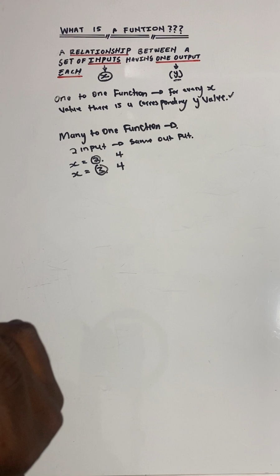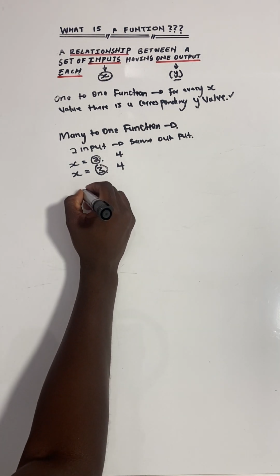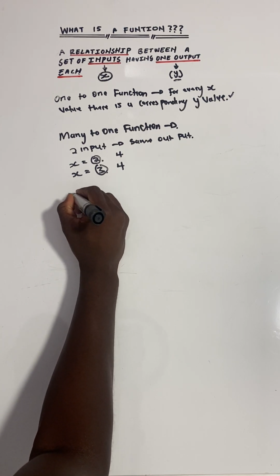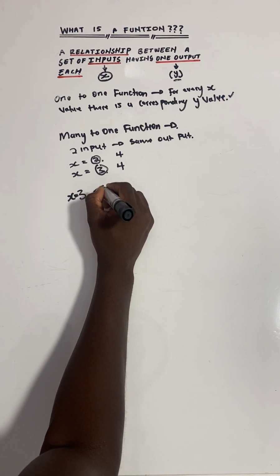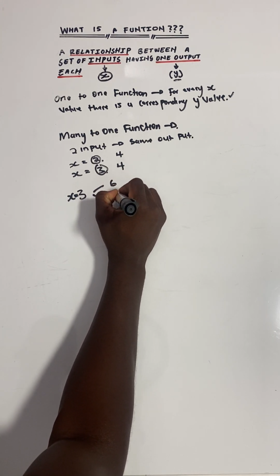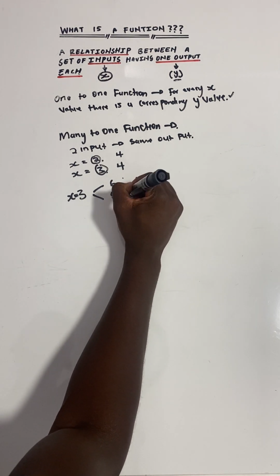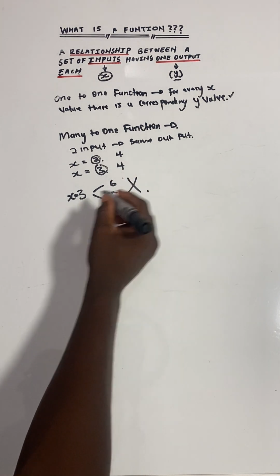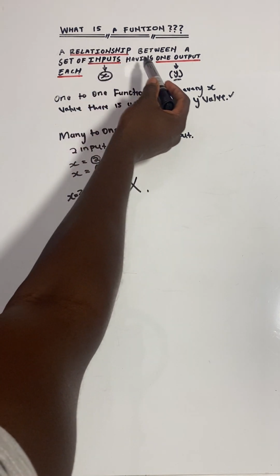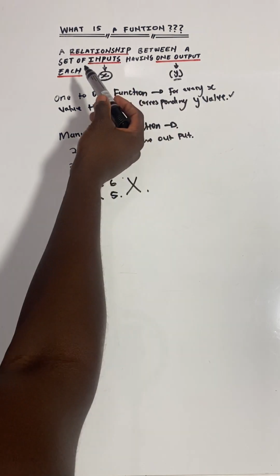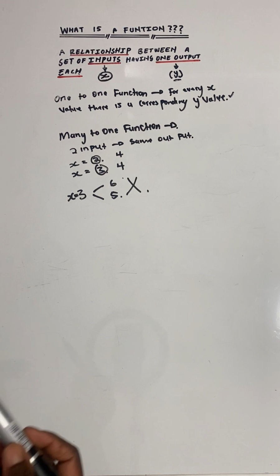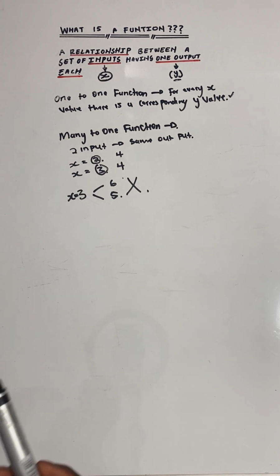So you cannot have one x value, maybe being 3, and another x value equal to 3, but you find that this has different outputs of 6 and 5. This is not allowed. That is what I'm trying to explain by saying that it should have one output each. So do not confuse the same and one output. I hope that you're not confused there.